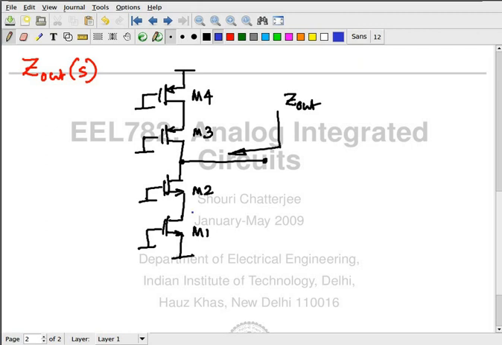CGS1 is not significant, both sides are ground. CBS1, body to source of 1, not significant. Gate to body of 1, not significant. Gate to drain of 1, and drain to body of 1.